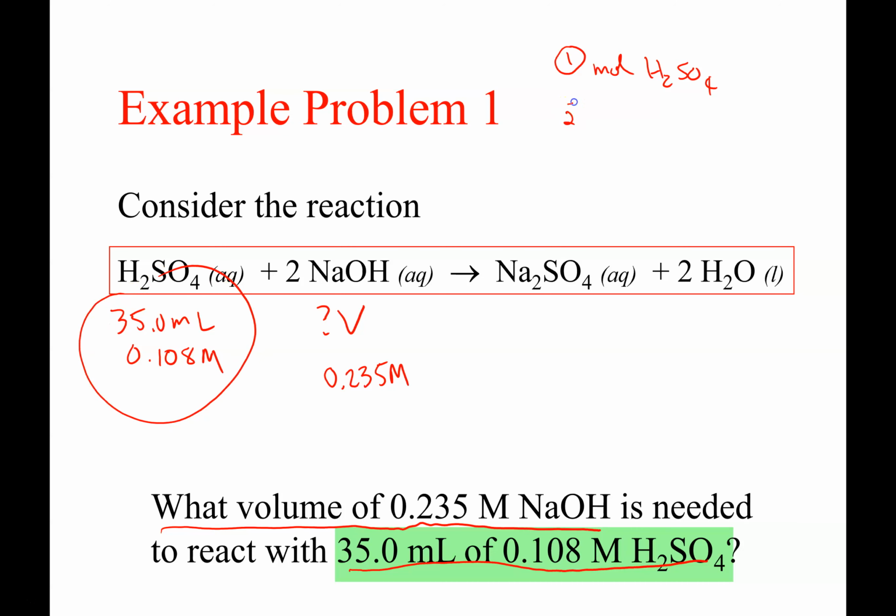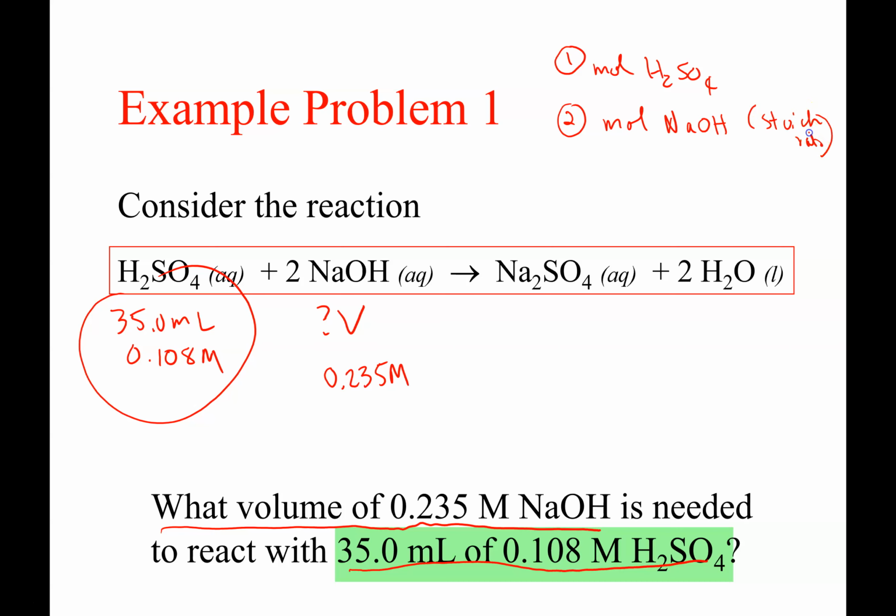Step number 2 is to calculate the moles of NaOH. How are we going to get from moles of H2SO4 to moles of NaOH? It's on the sheet I gave you. What does it say right in the middle? Stoichiometric ratio, exactly. Stoich.